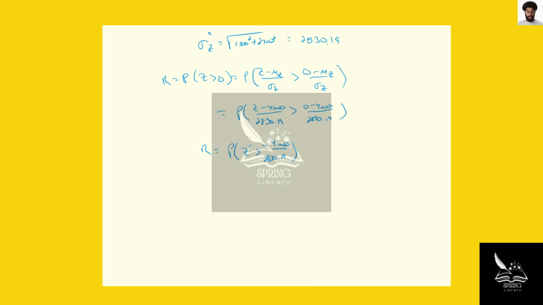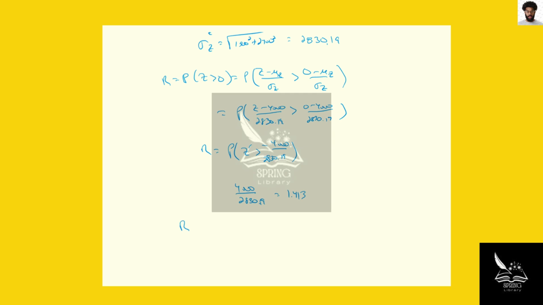Z prime is the standard normal variable. And 4,000 over 2830.19 is about 1.41. If I go to three places, it's 1.413.